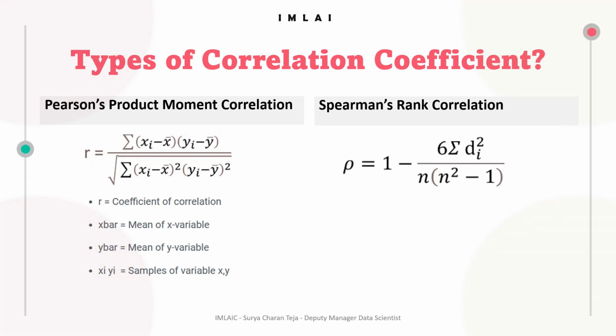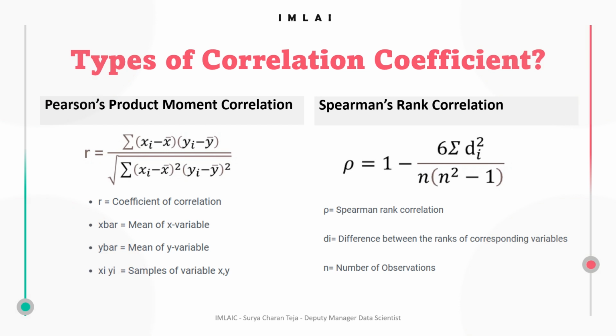This is the formula we use to calculate Spearman's rank correlation, and it's denoted with the symbol rho. Rho here means Spearman rank correlation, di is the difference between the ranks of corresponding variables, and n is the number of observations.